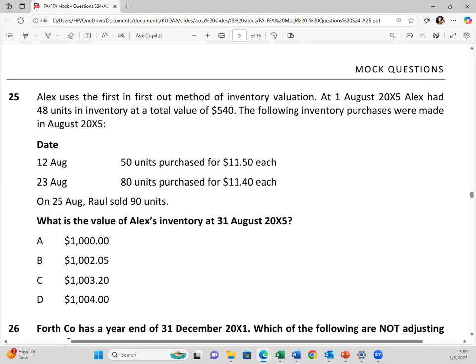The following inventory purchases were made in August. What is the value of inventory on 31 August 20x5?